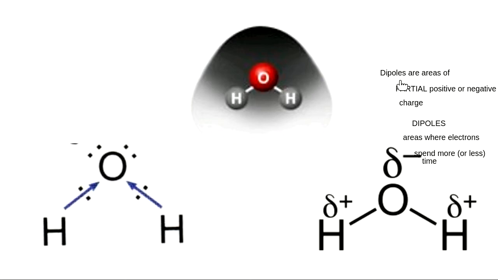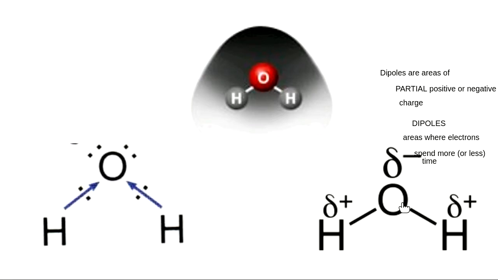Dipoles are not areas that are always positive, or they're not always negative. It's just that most of the time when I look at them, they have more electrons floating around them, or most of the time when I look at them, they have fewer electrons floating around them, but they're not fully negative or fully positive.